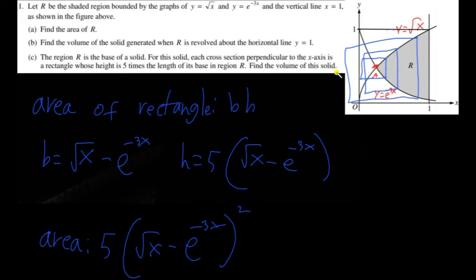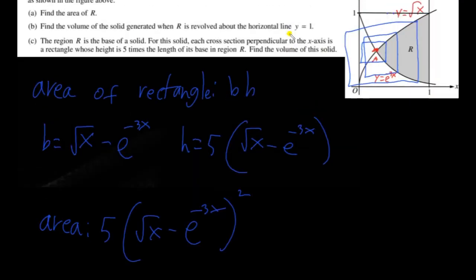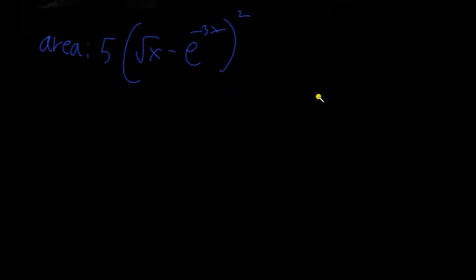But we want to add up all of the rectangles from a until 1. So what we're going to do is integrate the area from this starting point A all the way until we get this ending point 1. And it's going to add up all of the individual areas of the rectangles in the region R. So we'll integrate from A to 1, and we're going to integrate this area function.